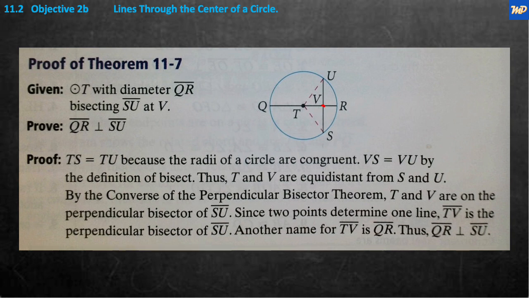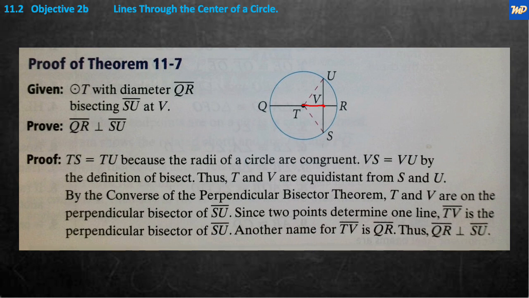And since any two points determine one line, TV is the perpendicular bisector. We can say TV is therefore the perpendicular bisector of SU. TV is right here, this little piece.